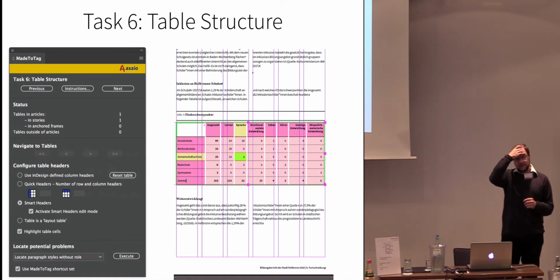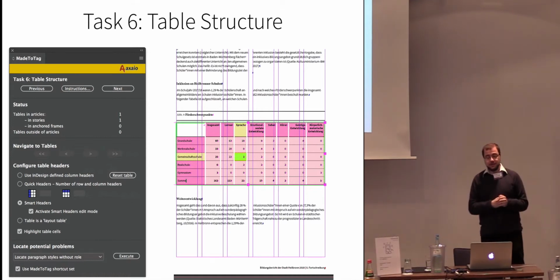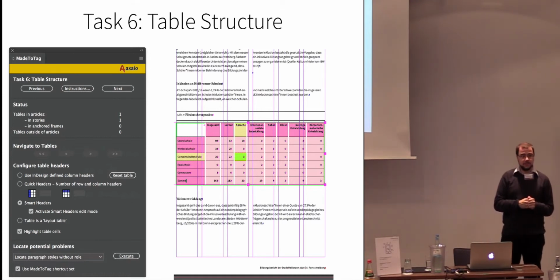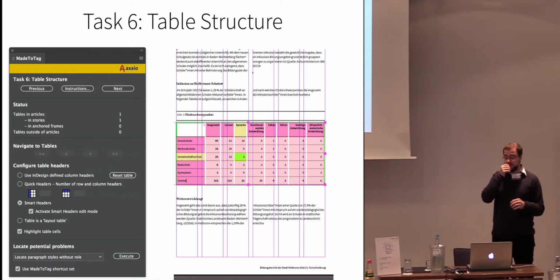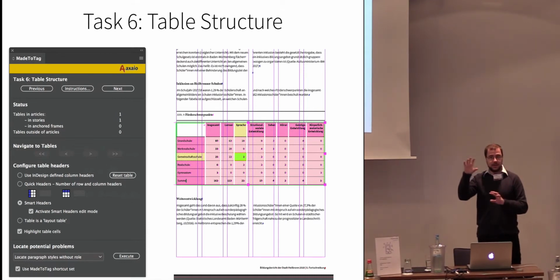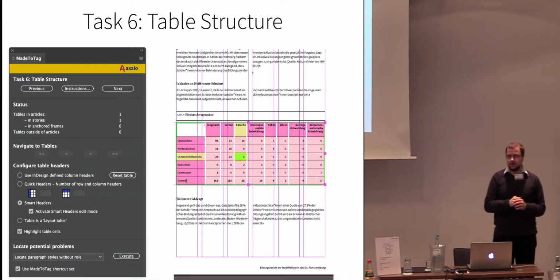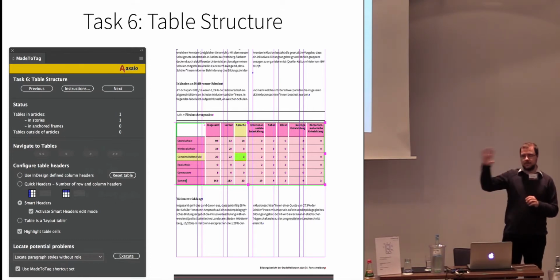The sixth and last preparation task is the table structure. You can define which table has what kind of header and child cell combination. InDesign only lets you have a header row, but that's a very plain table.